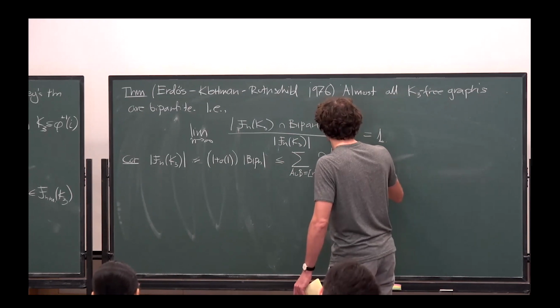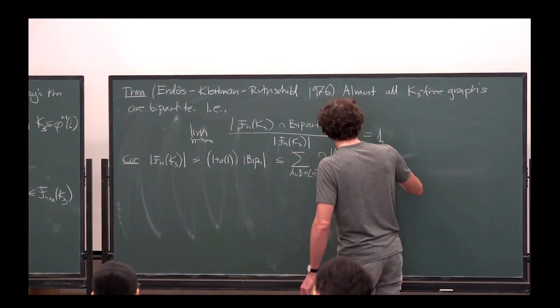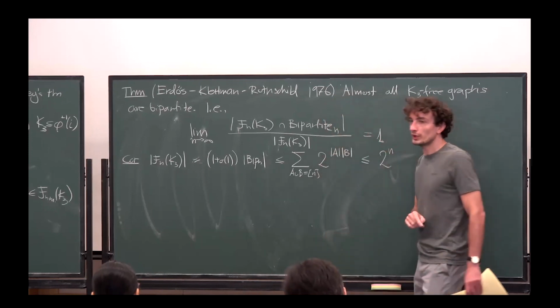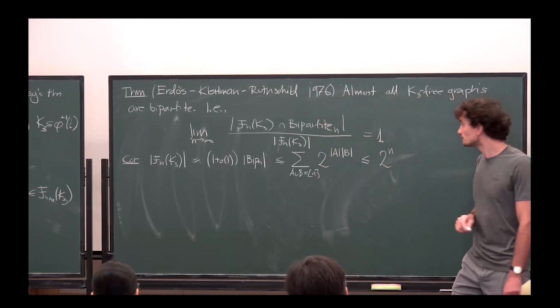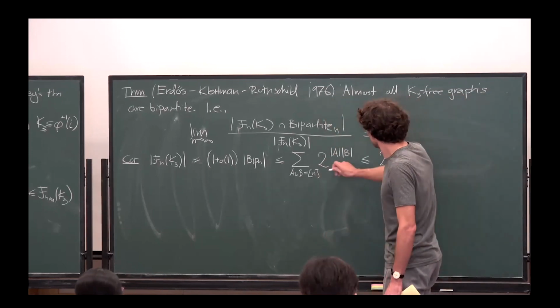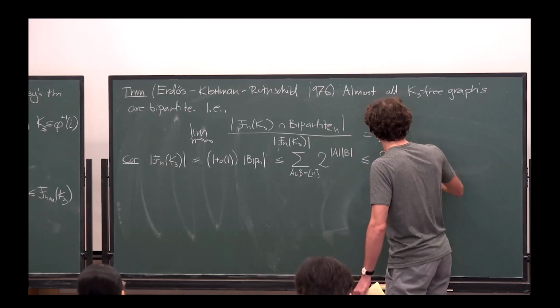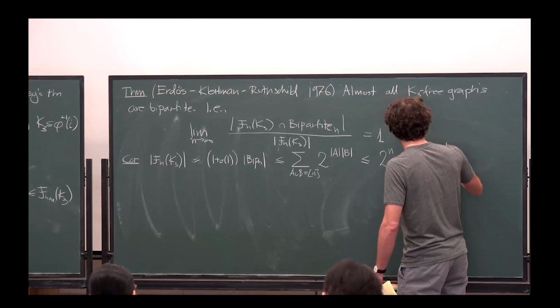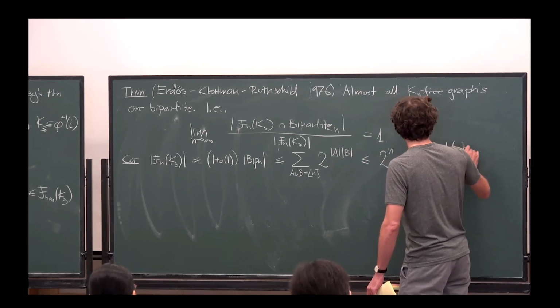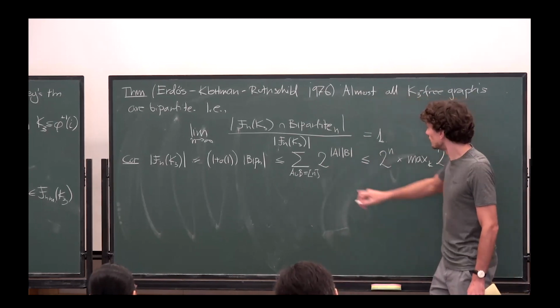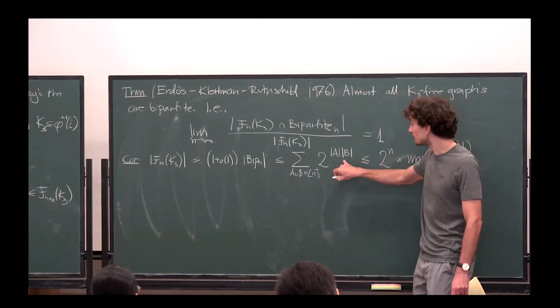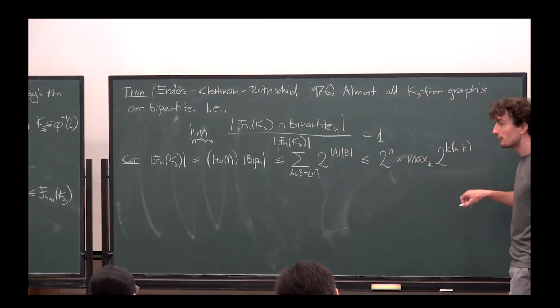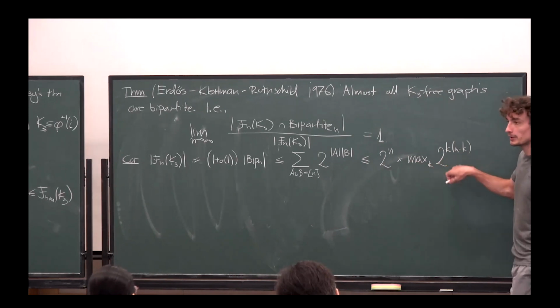And now we have at most 2^n bipartitions, and each of these terms is at most the maximum of 2^(k(n-k)). If the set A has k vertices, the set B has n minus k vertices, so each term is bounded by the maximum of this.